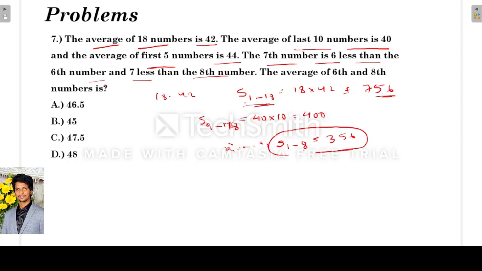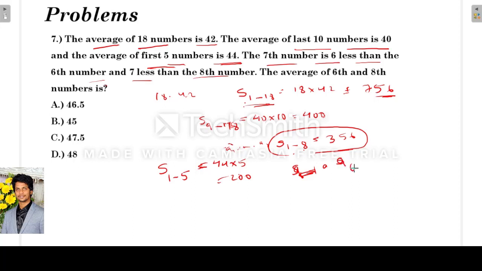So again they are telling the sum of first 5 numbers, so S1 to 5. So the average of first 5 numbers is 44. So the sum of first 5 numbers will be 44 into 5, because number of terms is 5, is 220. So now if we subtract this from this, we will be only left with 3 terms, right?